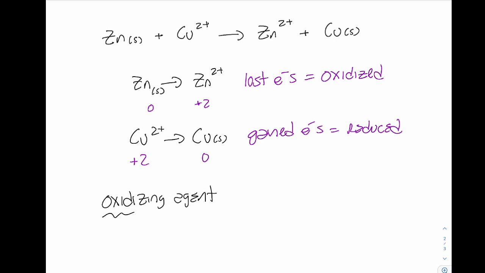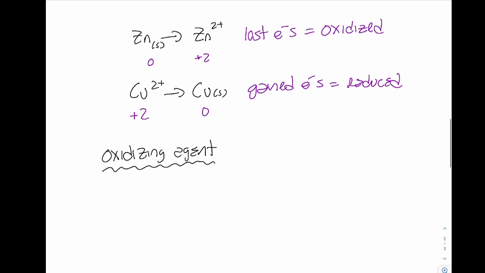These terms can be kind of confusing at first, but you really just want to remember what this word agent means. If you're an agent for something, you're causing it to occur. So if you're an agent for change, you're causing change. Here, this is an agent for oxidizing, so it's causing an oxidation. It's not being oxidized, it's causing something else to be oxidized.